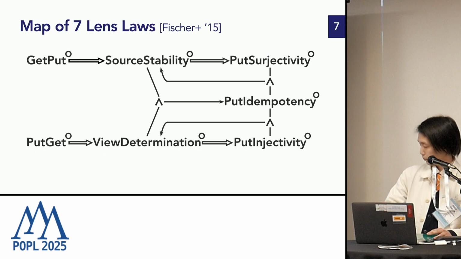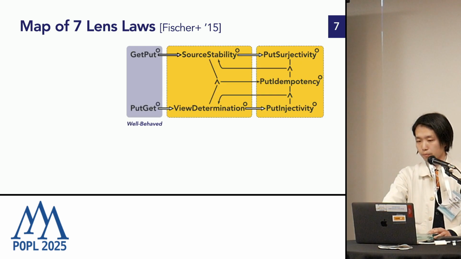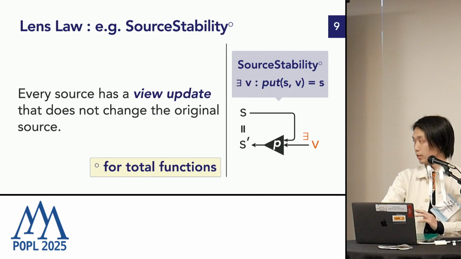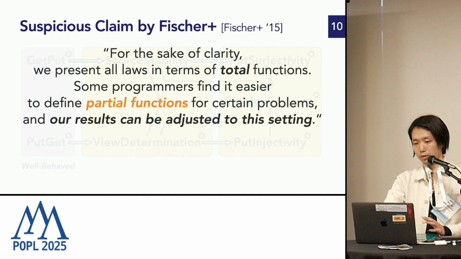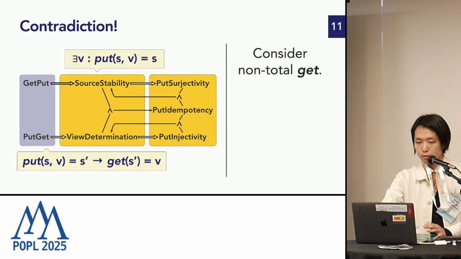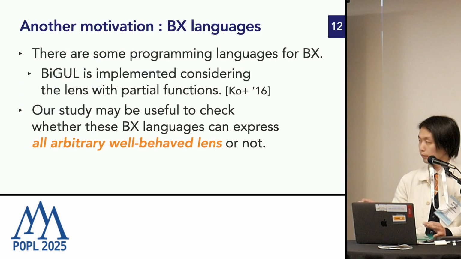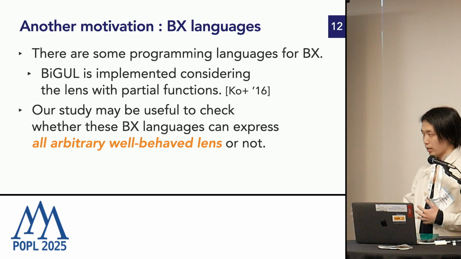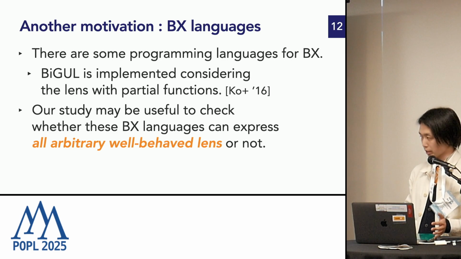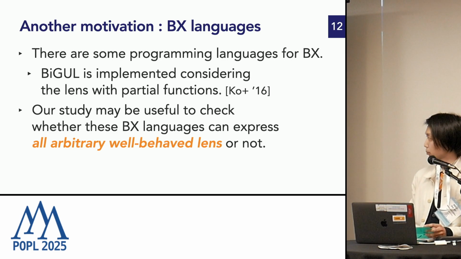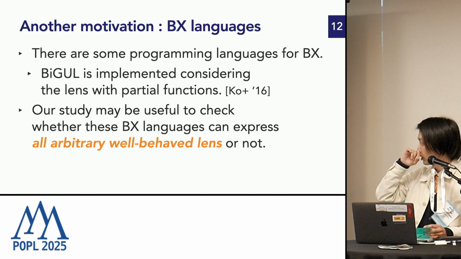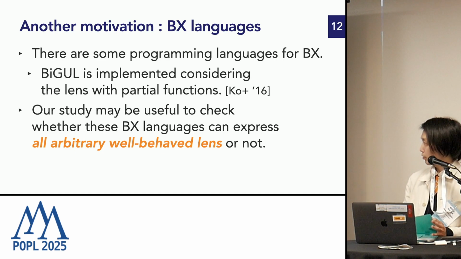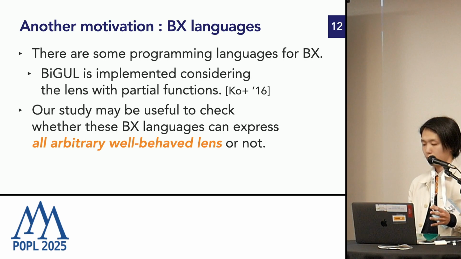So partial get may not exist for a real database, but we consider the partial get and put functions for this problem, to consider the computational models for get and put functions and verified lenses. In considering this problem, get and put may not be total.